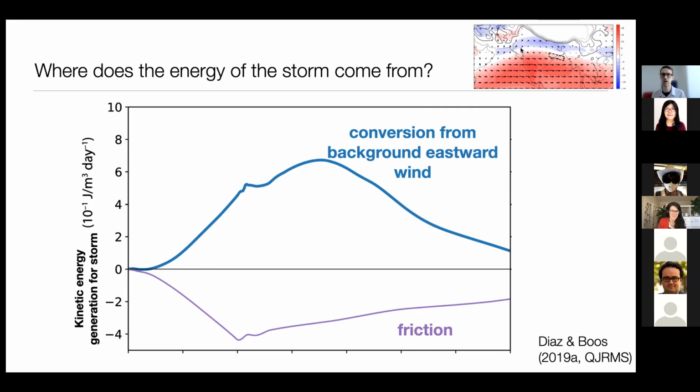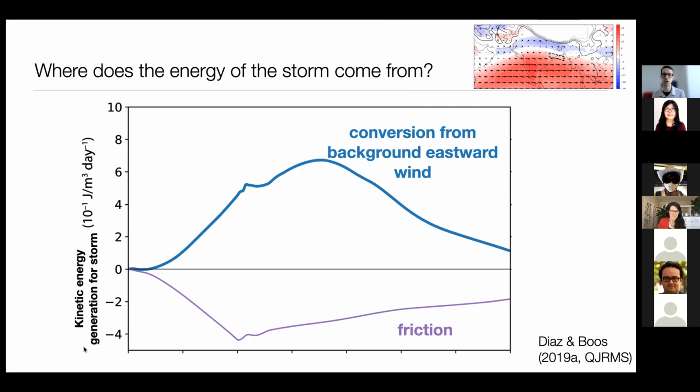So I put up here, again, my schematic. This is the background wind out of which the storm is growing. This strong eastward wind over the southern part of India and the northern Indian Ocean has a certain amount of kinetic energy to it. You're looking here at the kinetic energy associated just with the vortex.